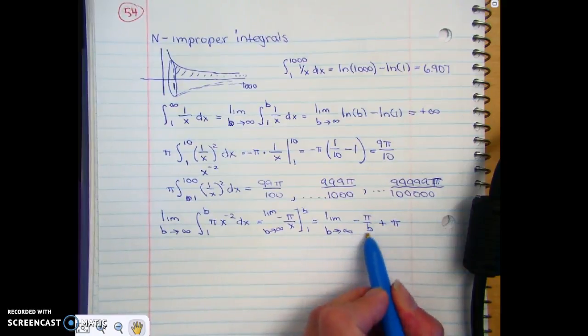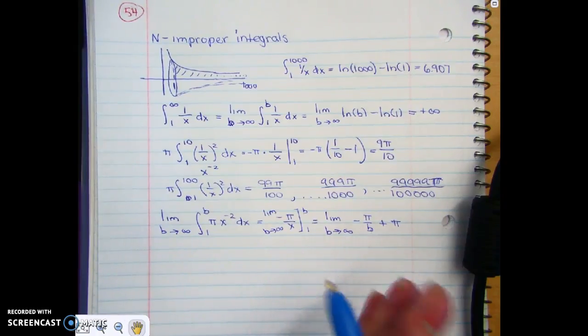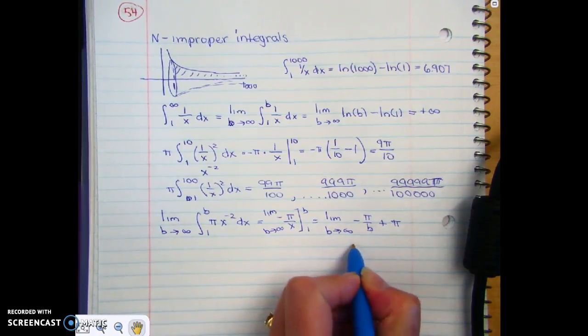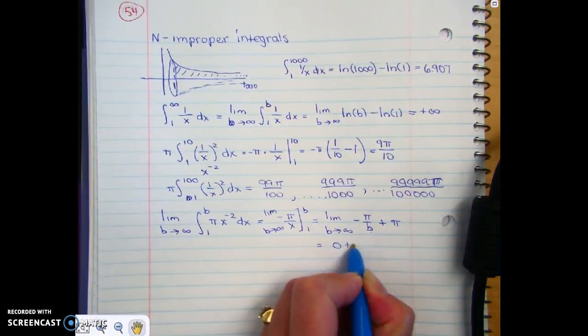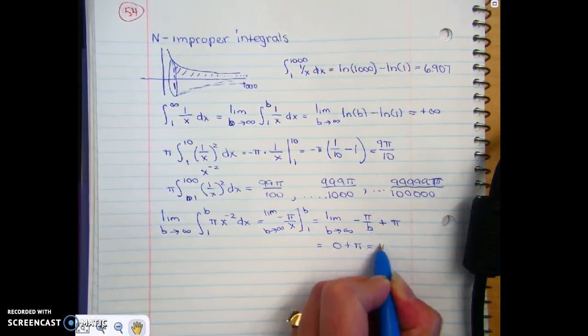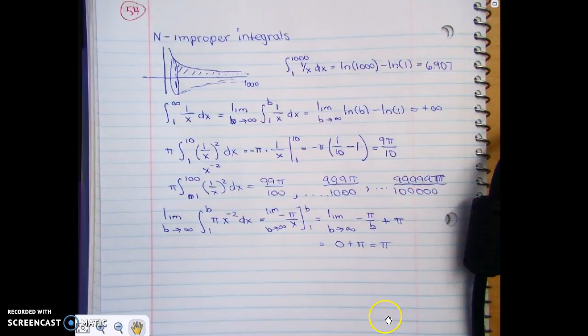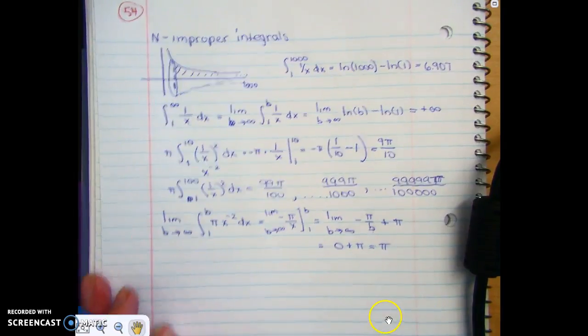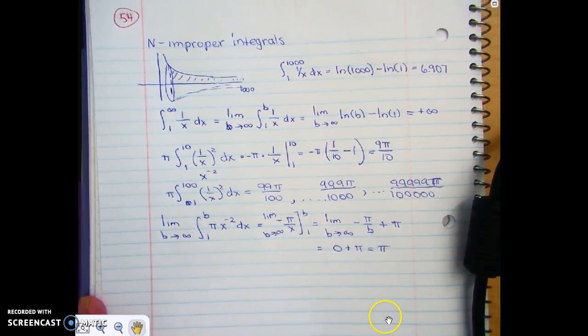Okay, so what's the limit of this term? A number divided by b as b goes to infinity, that limit is 0. So we end up with 0 plus pi, which is what we thought it was going to be when we looked at that numerically. Infinite area, finite volume. Crazy, crazy, crazy stuff.